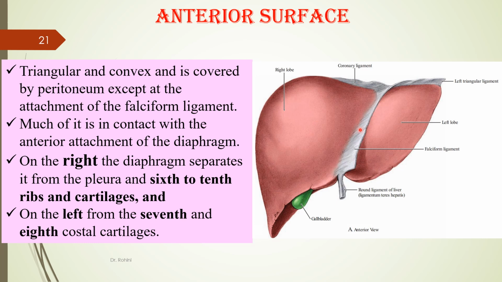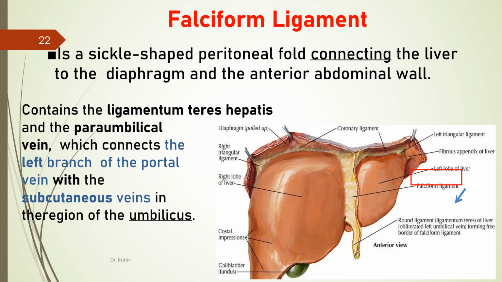Okay, now the intermediate part comes in contact with the xiphoid process, slightly to the left of the falciform ligament, and is related with the anterior abdominal wall in the infrasternal angle, as I already mentioned. In the anterior surface, we have a sickle shaped fold extending from the anterior surface of the liver, connecting it with the diaphragm on one side and the anterior abdominal wall on the other side.